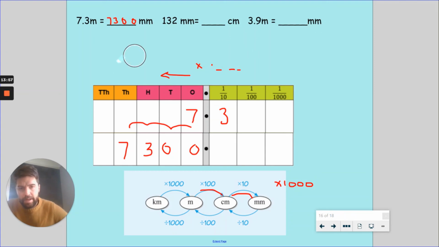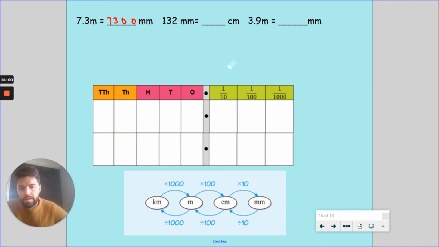Alright, I'm going to do some more. So 132 millimetres in centimetres. So I'm going from millimetres to centimetres. I'm going to divide by 10. So we divide by 10, getting smaller, 1 column. 132, let's put that in.